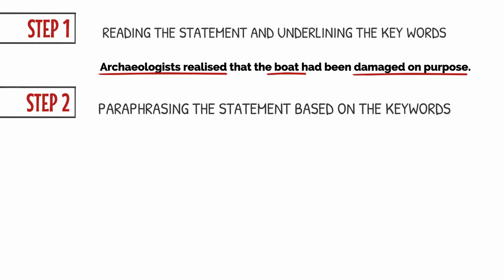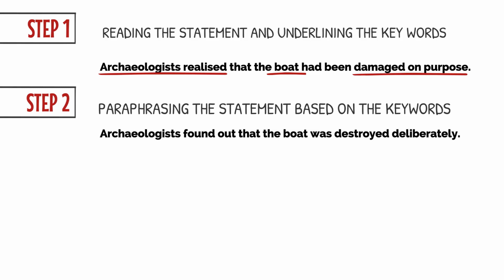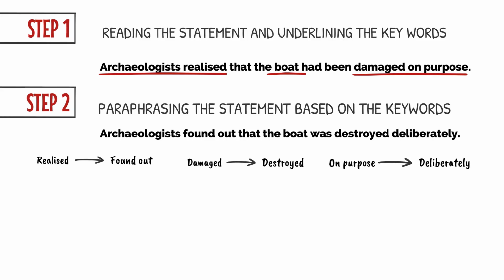So we could paraphrase it to: archaeologists found out that the boat was destroyed deliberately. As you can see, we focused on the verbs and adverbs. Realized, found out, damaged, destroyed, on purpose, deliberately.